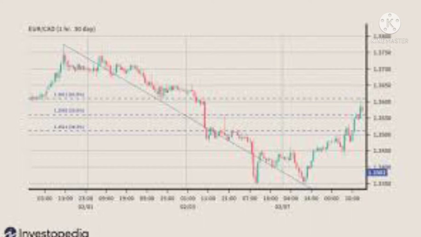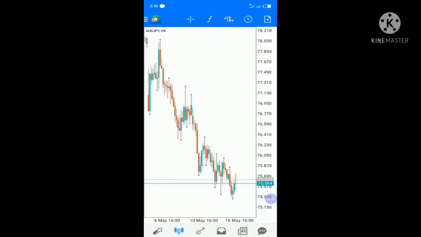So we are using AUDJPY as our first example. So I said if the market is going down, which means the market is in a downtrend, we draw our Fibonacci level from the higher high to the lower low, which means from the top peak to the lower peak.